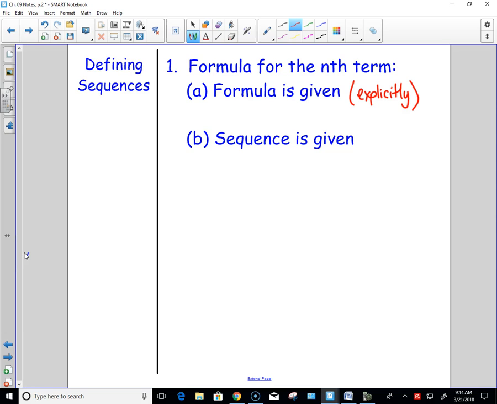If the formula is given to you, we could say it's an explicit formula. There are actually 2 different types of formulas. If they give you a sub n as a function of n, which is what you guys just saw, technically that would be an explicit formula. And that's normally how you're going to see it. That's just not always how you're going to see it.